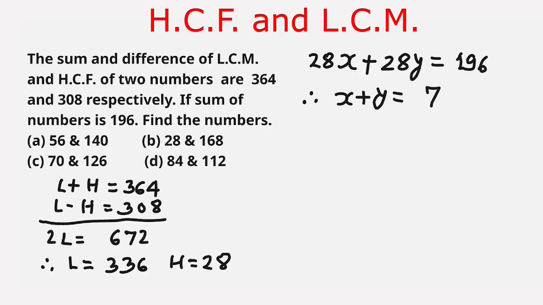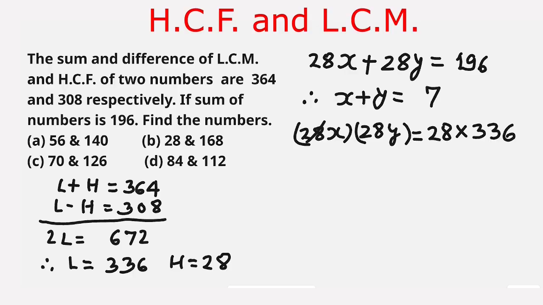And we know that the product of two numbers is product of HCF and LCM. So we use that property and write 28x multiplied by 28y equal to 28 multiplied by 336. 28 cancels 28 on both sides and another 28 cancels 336 for 12 times. This gives the value of x multiplied by y equal to 12.